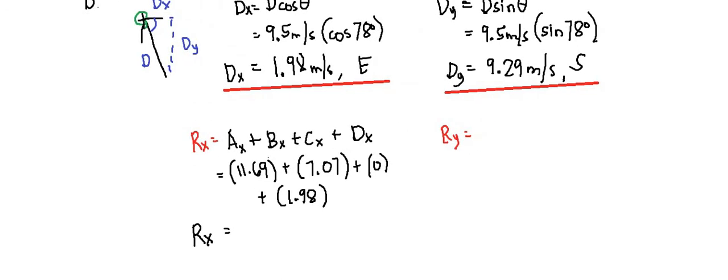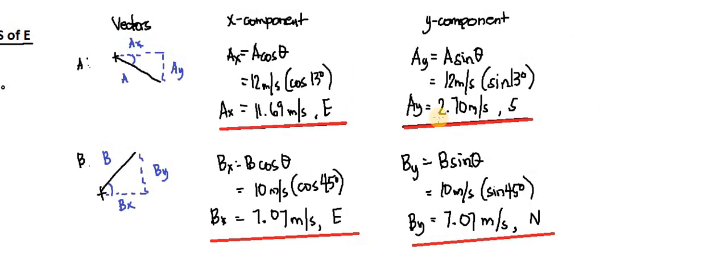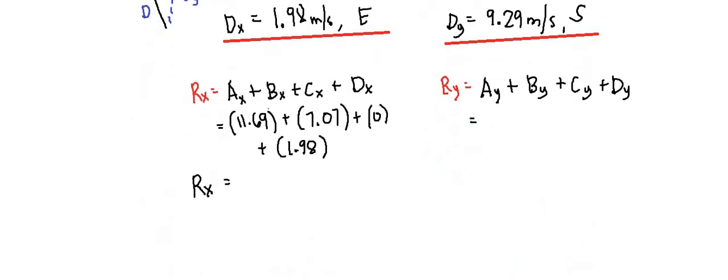So we have here your A sub Y plus B sub Y plus C sub Y plus D sub Y. Okay, let's get the values, but remember to consider yung direction. For A sub Y, we have here 2.70 meter per second going south. So, dahil south siya, negative.